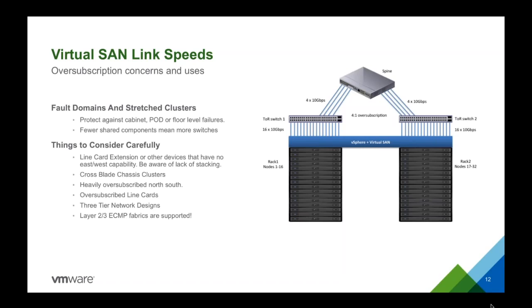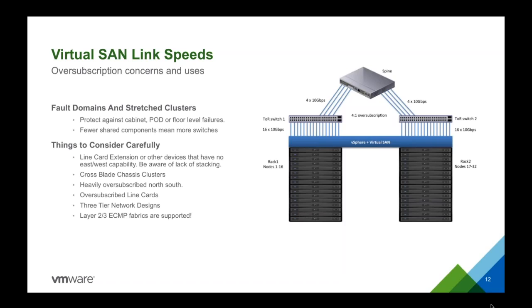The other thing is if you're using blades, while not a common choice for vSAN, people often use the built-in blade switches, and historically those have often had heavily oversubscribed links. Where this becomes an issue is if you've got a rebuild, say you lose a host that had 20 terabytes of data. That data is distributed across all the nodes, and it will rebuild across all the nodes. As the cluster becomes larger, it can rebuild faster, but it can only do that if there's lots of throughput between the hosts.